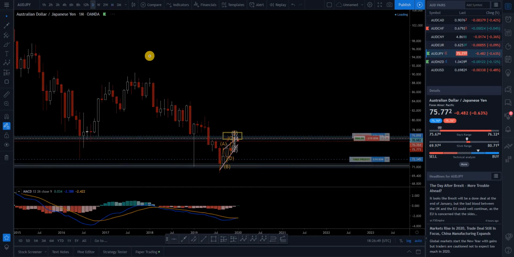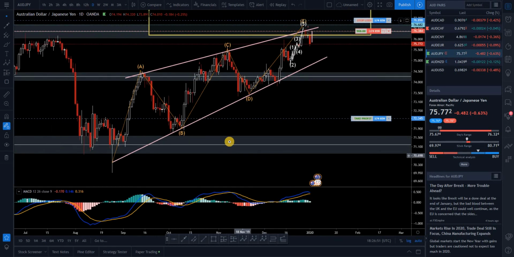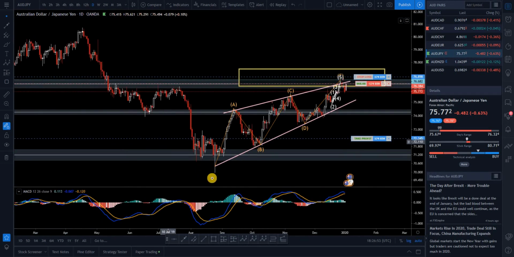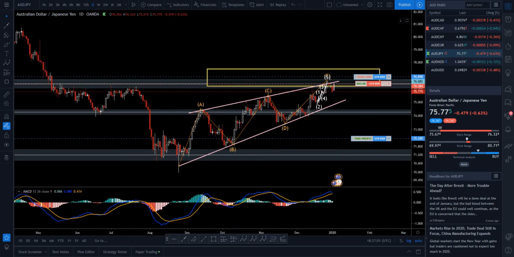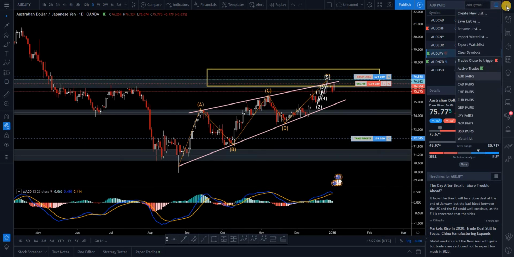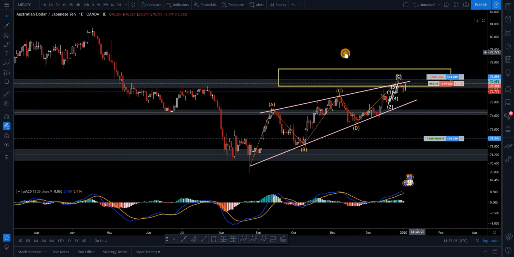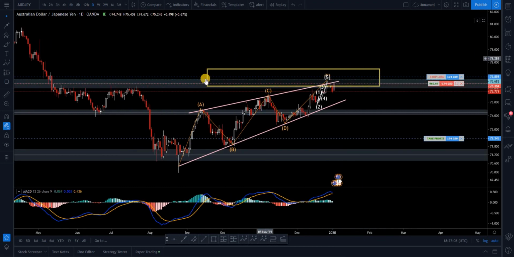Let's go down to the daily chart. On the daily chart, this is the downtrend. We're in a correction, and that correction is forming a diagonal. That diagonal has made its way up into this boxed area, which is an equal legs 127 fib extension of this leg here.